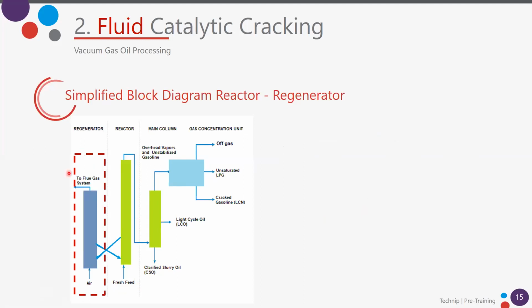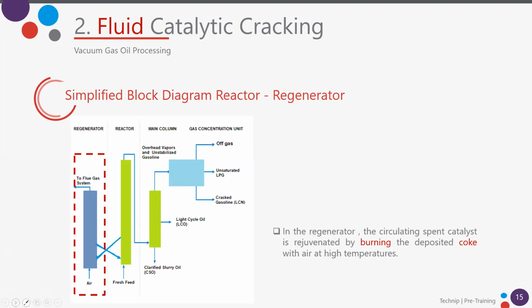In the regenerator, that is shown here, the circulated spent catalyst is rejuvenated by burning the deposited coke with air at high temperature, okay?